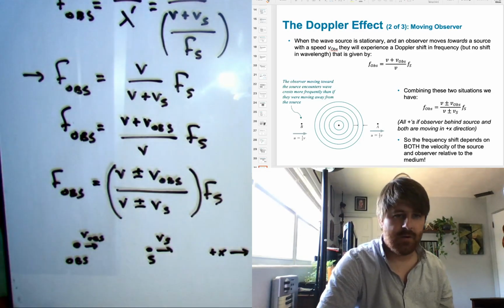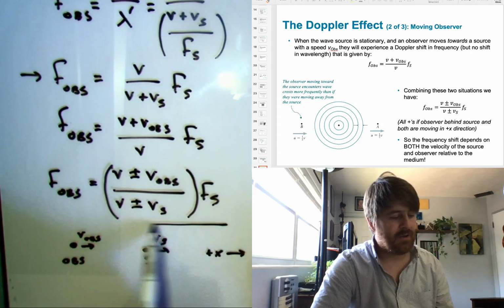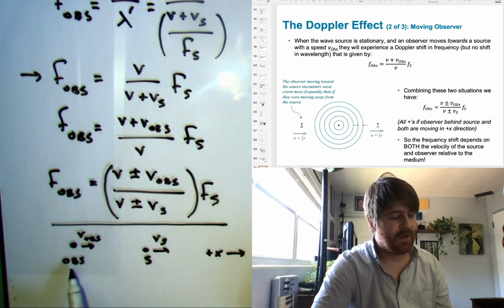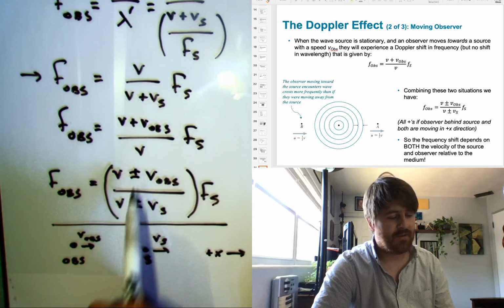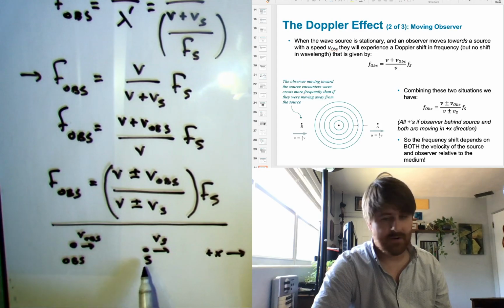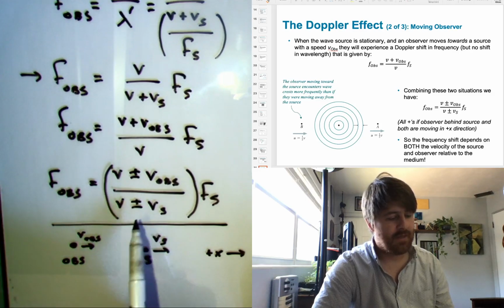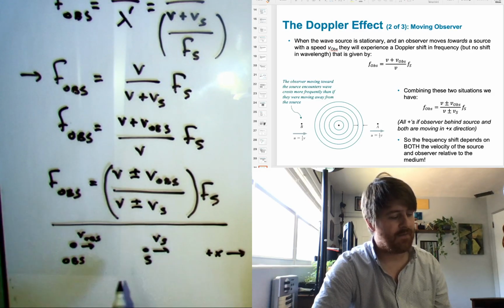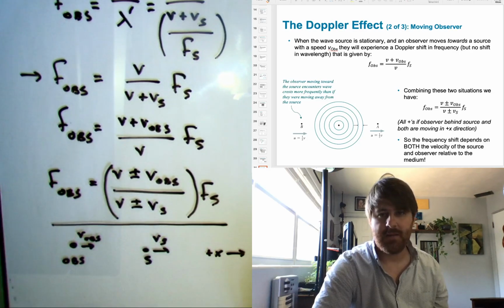What that means is that the formula has both positive signs if the observer is moving towards the source and the source is moving away from the listener. If the source were moving towards the observer, the listener, then this would be a minus sign. If the observer or listener was moving away from the source, then this would be a minus sign.